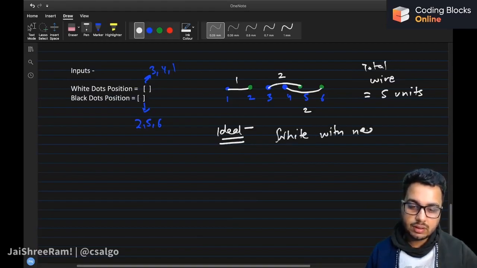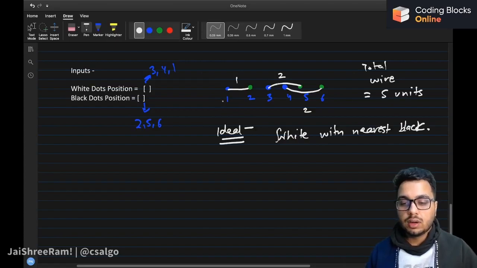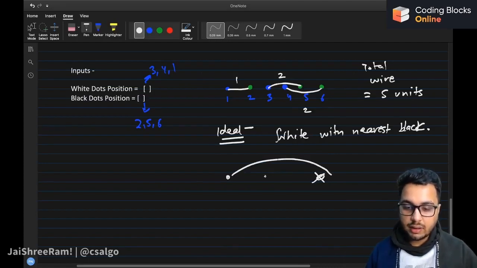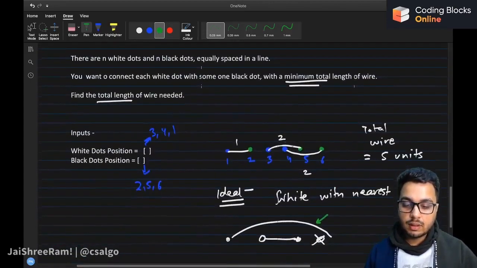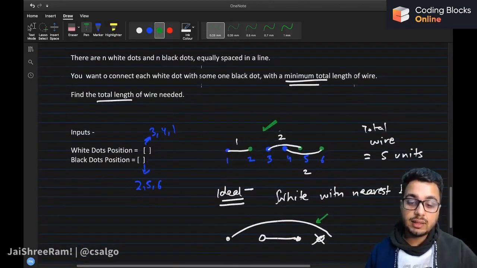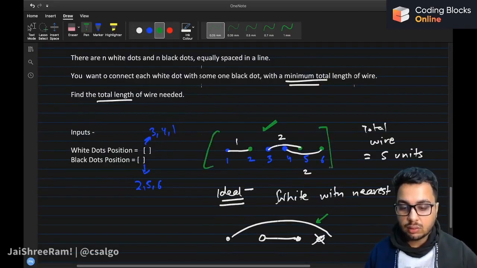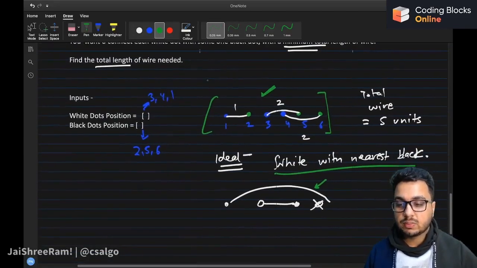That would make sense, because if you try to go farther away, that will increase the length of the wire, and it's not possible that if you connect this one with a dot which is farther away and you connect these one, it will give you a shorter length. You can try making different examples. This may also be one of the solutions, but it will not reduce the length if you do something other than this. So the goal here is to connect each dot with the nearest black, and that is a greedy approach.